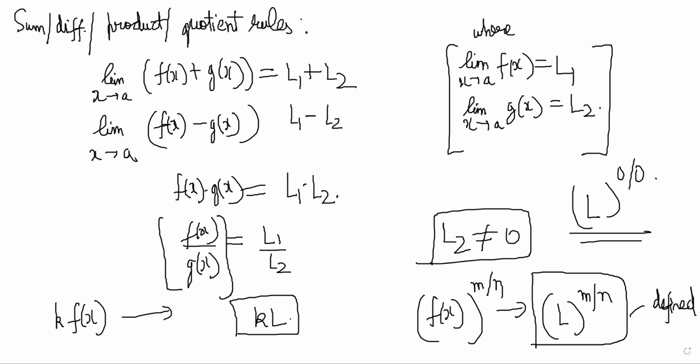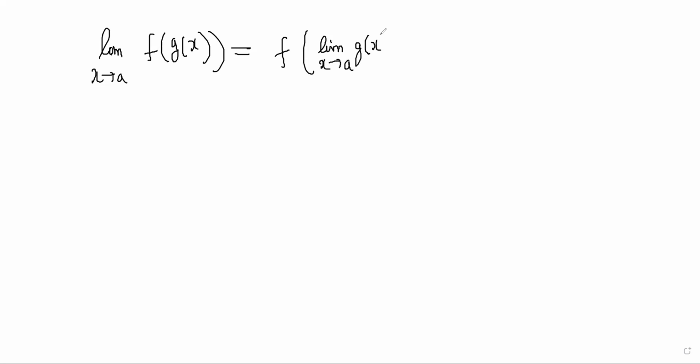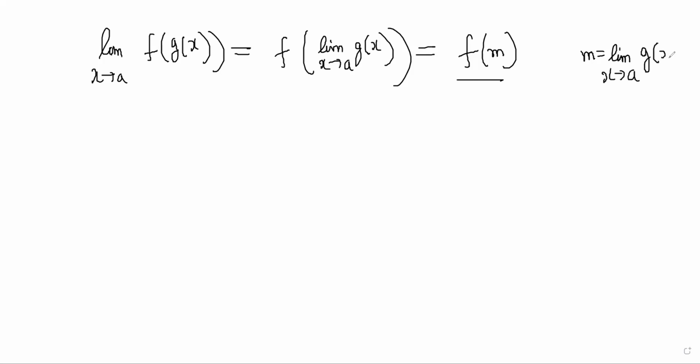Then one more rule is for composite functions. So limit of x tends to a f of g of x will be the same as f of limit of x tends to a g of x, which will be equal to f of m, where m is equal to limit of x tends to a g of x, right?